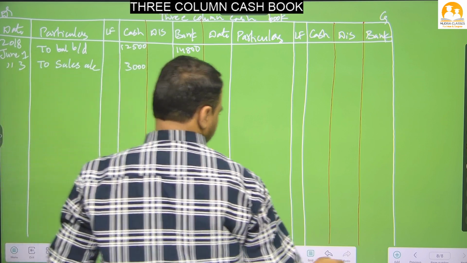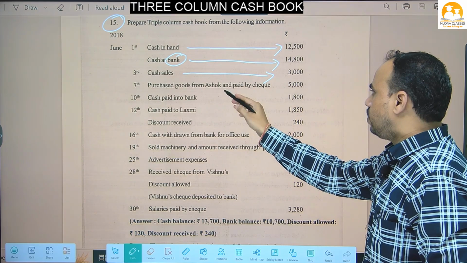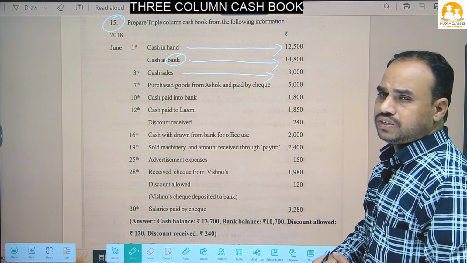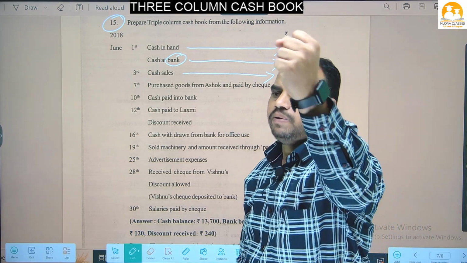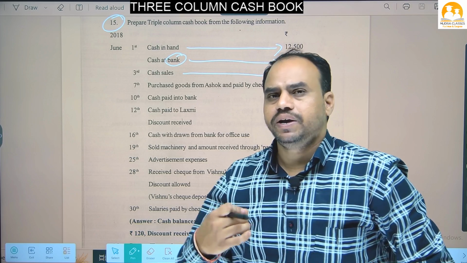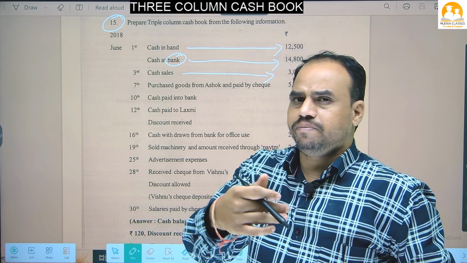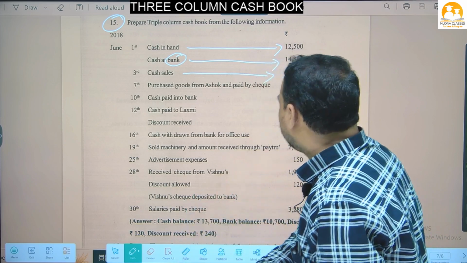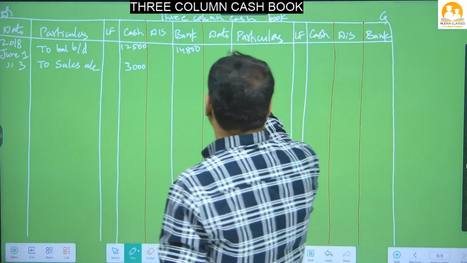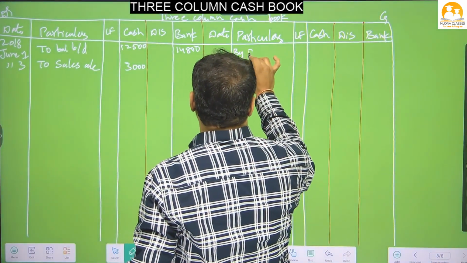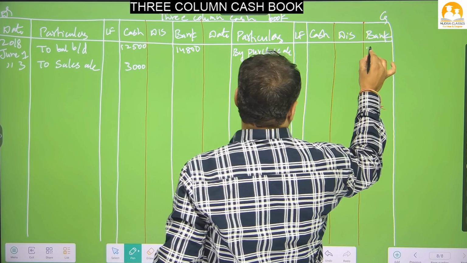Okay, see the next transaction. Purchased goods from Ashok and paid by check. So in business I purchased goods and I paid by check. That means cash is going from the business. When I am purchasing goods, in return I paid check. Credit side we have to write 'by purchase account', amount paid through bank.